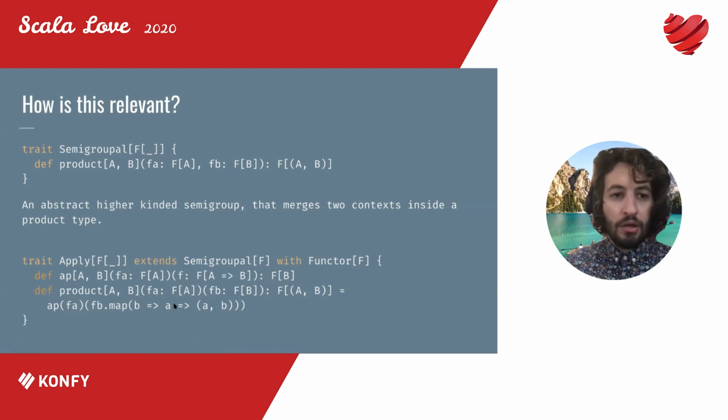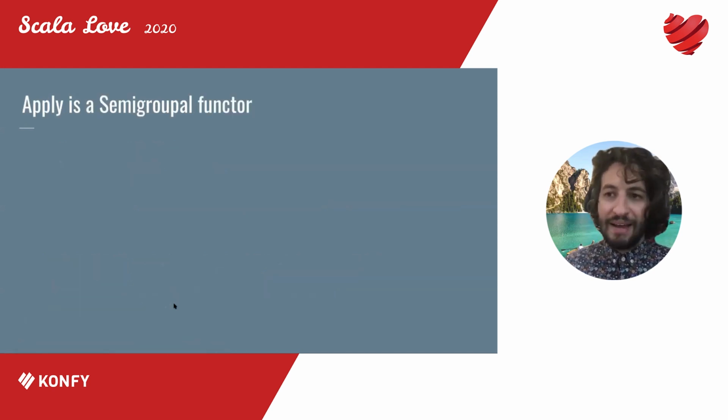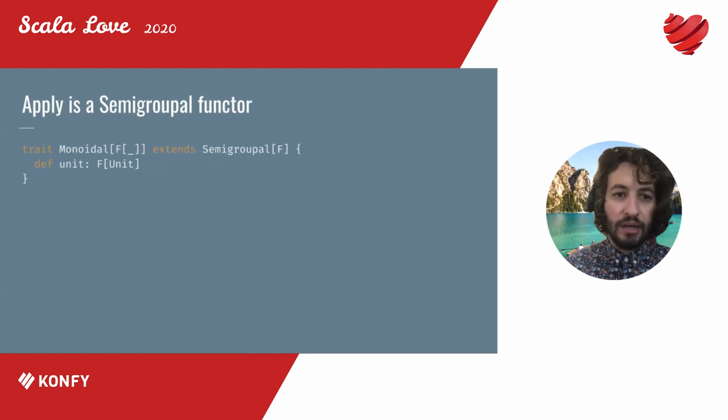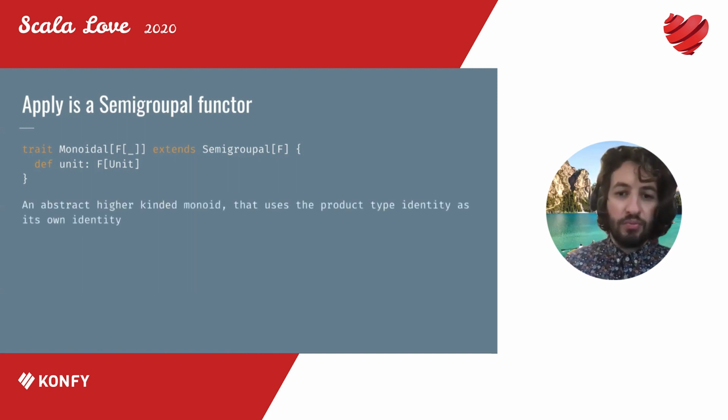All right, so Apply is a semigroupal functor, and if we then went further and added a unit function to this, which returned an F of unit, you would get a monoidal. And actually, this is pretty much exactly what Applicative is, right?